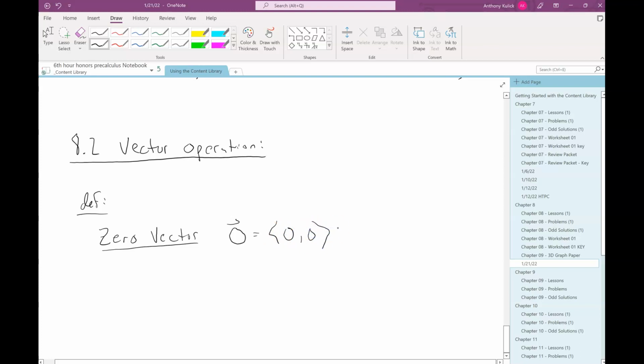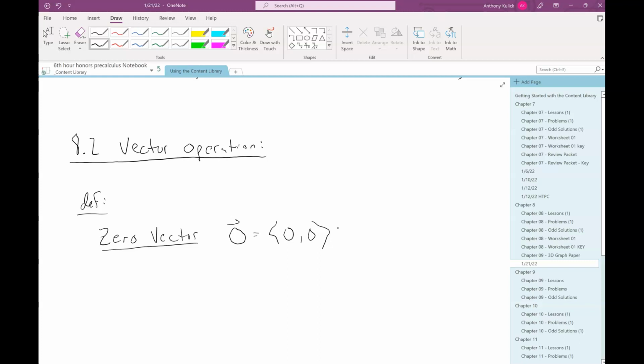Now, got to be real clear on your sheet of paper. The vector O and the number 0 do not mean the same thing. So you need to make sure that you're putting the vector hat, or if you're reading the notes, that the vector O is boldface as opposed to the number 0, which is regular typeface.